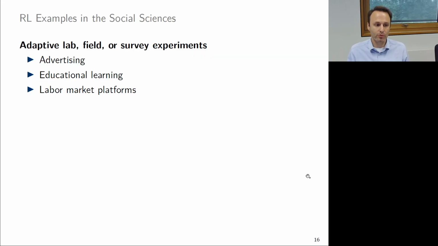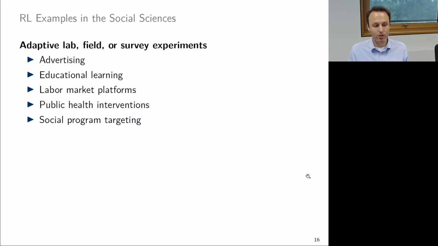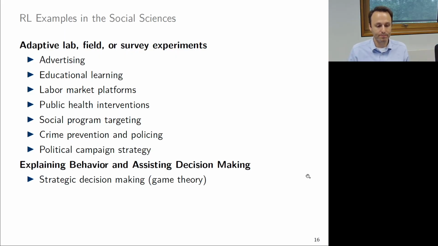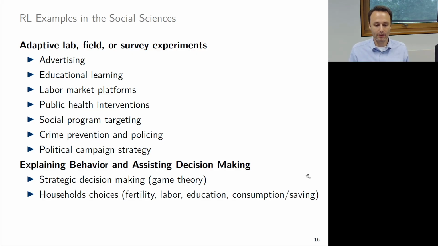Labor market platforms use RL. Public health interventions, social program targeting, and crime prevention and policing. Political campaign strategy, should I use this ad or this ad for my campaign? Also, you can use these methods for explaining behavior and assisting decision-making in game theoretical problems, in household choices or firm choices.